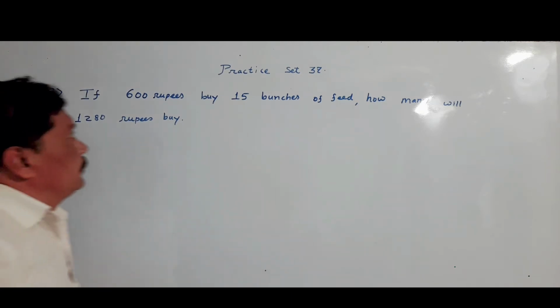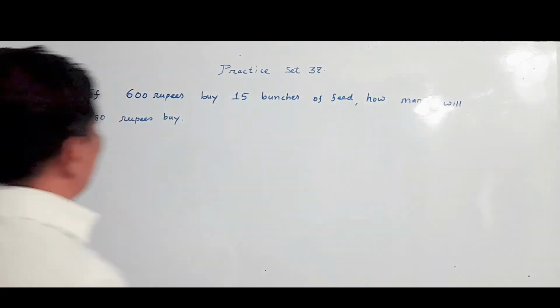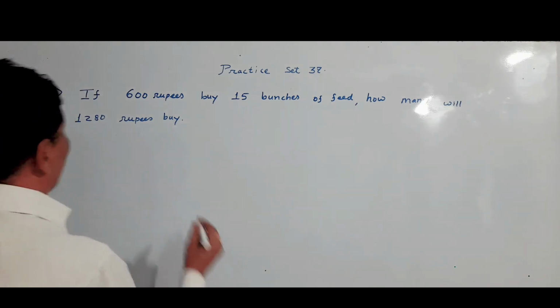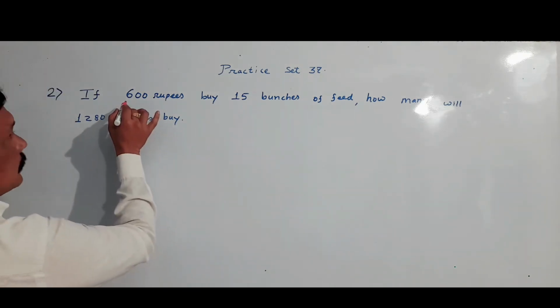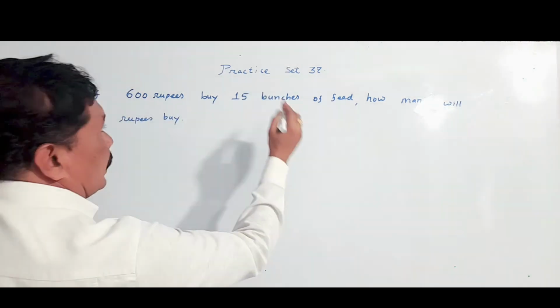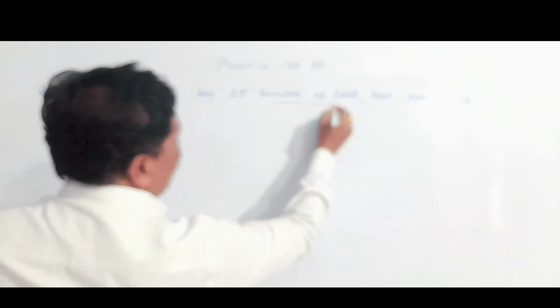My dear student, in this problem, again two quantities are given. One is the bunches of fodder and another is the cost of bunches of fodder in rupees.